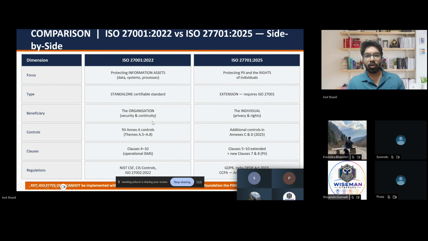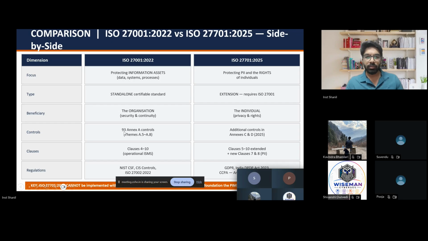Beneficiary: any company can benefit through implementation of ISO 27001 for security and continuity of their business operations, whereas ISO 27701 benefits an individual more because it talks about private information and privacy rights.